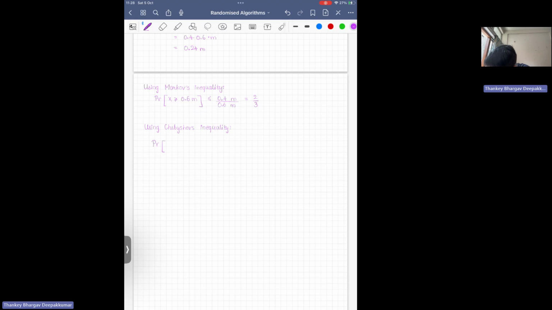Chebyshev's inequality says the probability that the absolute value of x minus expected value of x is greater than or equal to d is upper bounded by variance over d square.